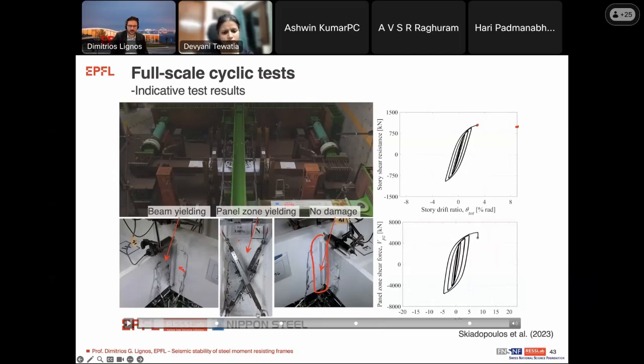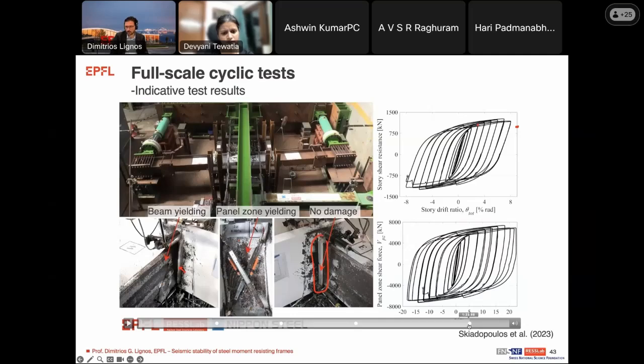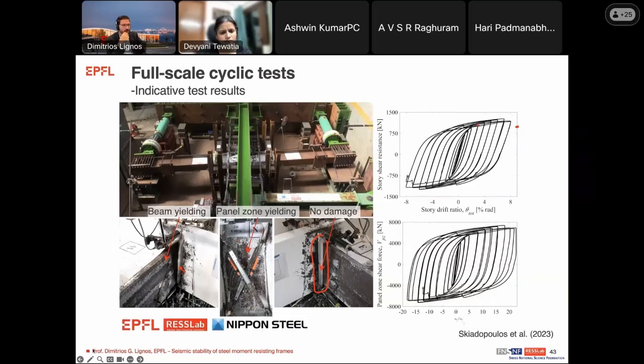But you saw that if I'm looking at the design level earthquake, the energy dissipation in the panel zone has been highlighted here. And at the end of my test, you see how far I can go. So that would suggest that I can actually dissipate the equivalent energy of at least 2 to 3 design level earthquakes without having to repair the panel zone.